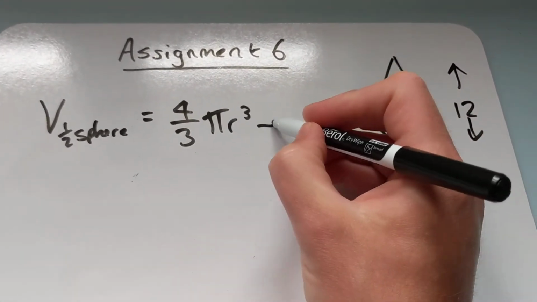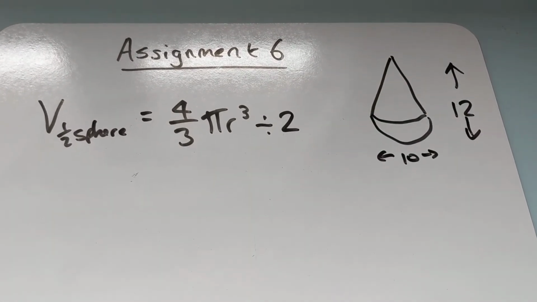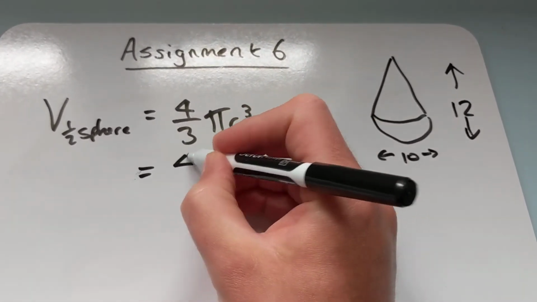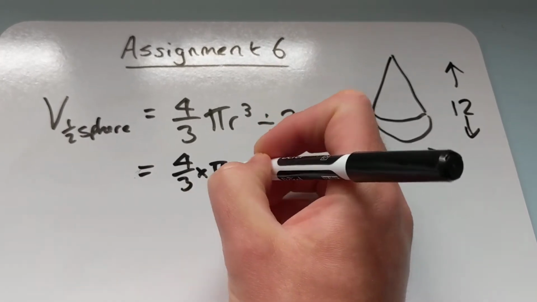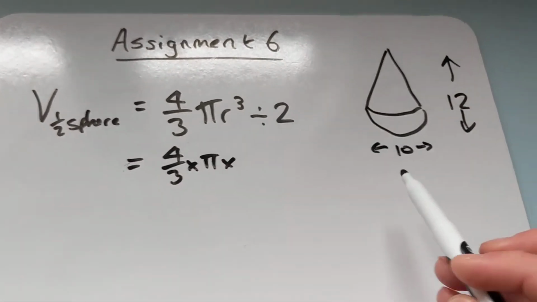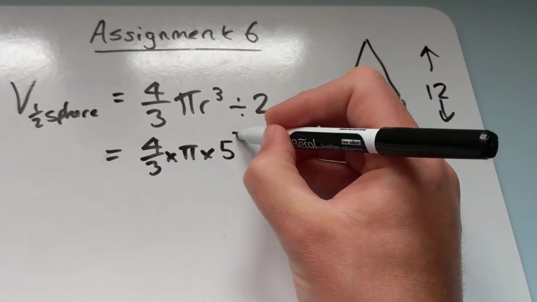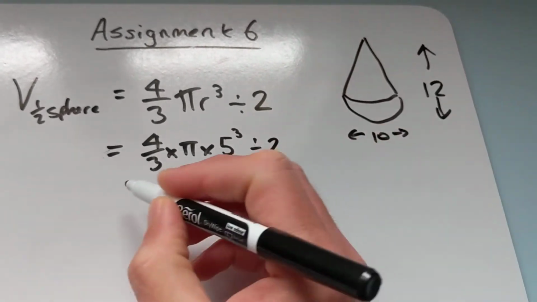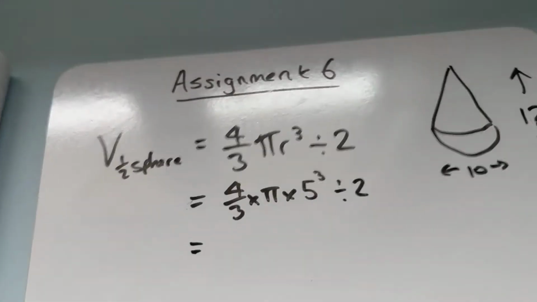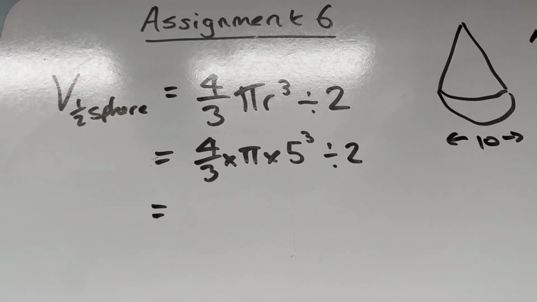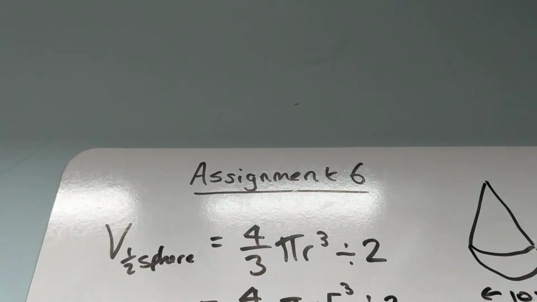For finding half a sphere, we just halve our answer, divide by 2. So it's 4 over 3 times pi times the radius cubed. The radius of your sphere would be half the way across, which is 5, and then divide the answer by 2.